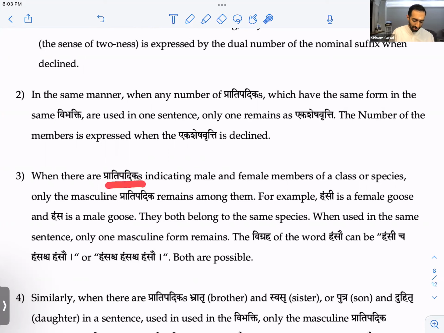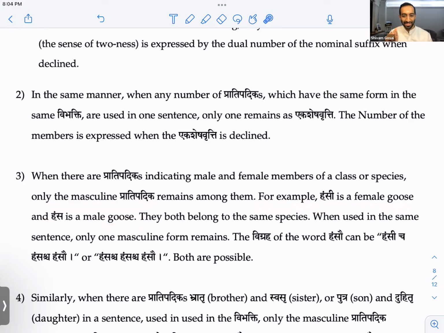When there are pratipadikas which indicate male and female members of a class, of a species of thing or a class of things, only the masculine pratipadika remains. Yeah, gender biased, the patriarchy controlling the language. That's okay. For example, Hamsi is a female goose and Hamsa is a male goose.